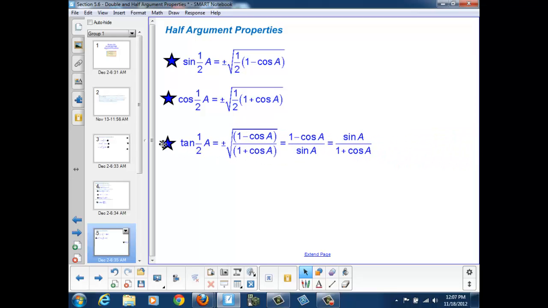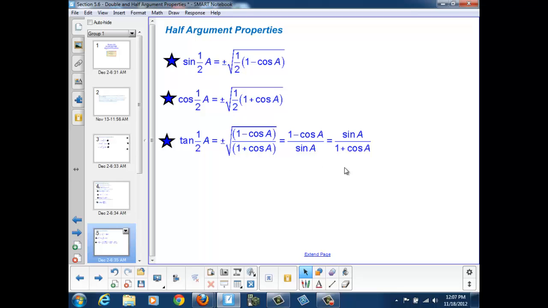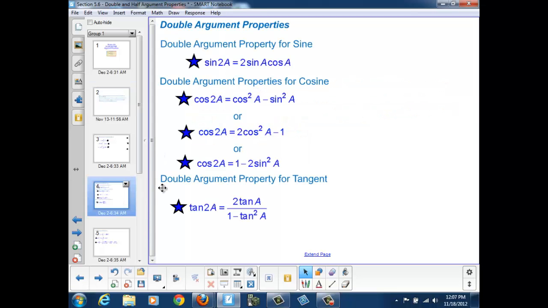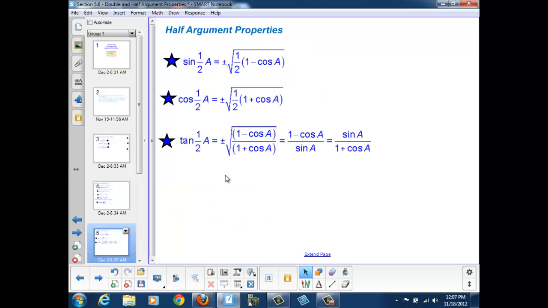And finally, the tangent of 1/2 a has 3 representations: plus or minus the square root of 1 minus cosine a over 1 plus cosine a, or 1 minus cosine a over sine a, or sine a over 1 plus cosine a. And as we've seen, the properties that have multiple representations are the double argument properties for cosine and the half argument properties for tangent.